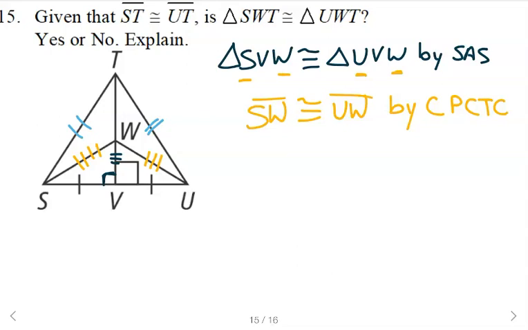And then if you notice the reflexive properties at work here, I should have used different markings there. So 4 there. And then here, WT is congruent to itself. And so that's the reflexive property.